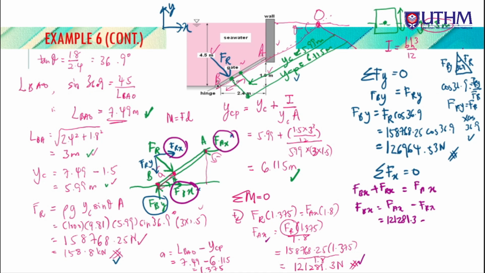Kita guna macam konsep ini juga kan. So kita guna, kalau kita tengok kat situ lah. So yang ni FRX, ini FR. So kita guna konsep sin theta equals to, sekejap, ini FR.